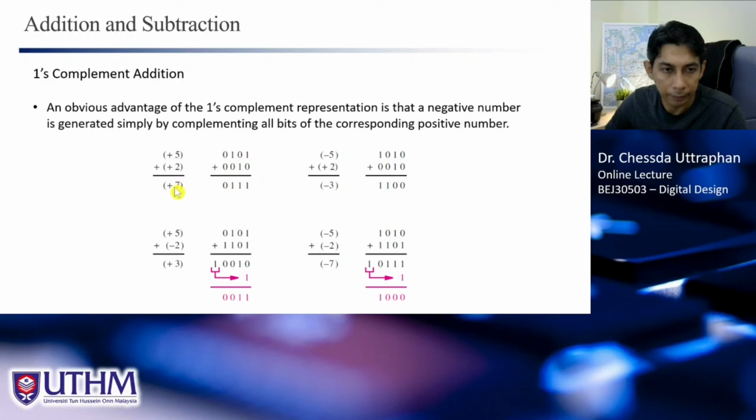Very easy. And the good thing is that when we have a negative number, minus 5 plus 2, of course we can use the adder, right? So this is minus 5 in first complement, and this is 2. When we add, we have 1 1 0 0.